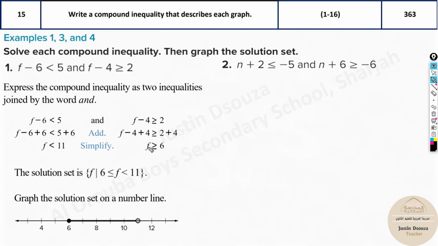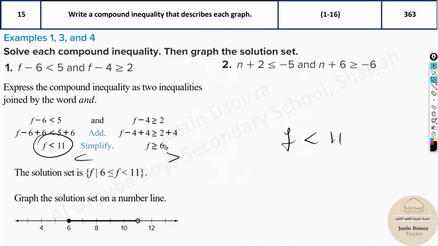What you can do is first understand what the answers are. f less than 11, so we need to write something like this first. Write wherever f is less than, don't write greater than. See both the inequalities. If it's both less than and less than, it's another case. But if there are 2 different inequalities, less than and greater than, write this first: f less than 11.